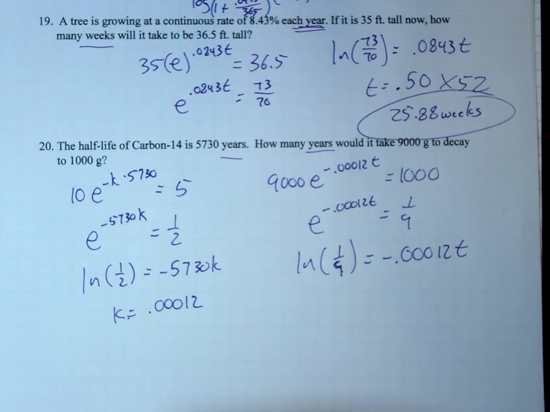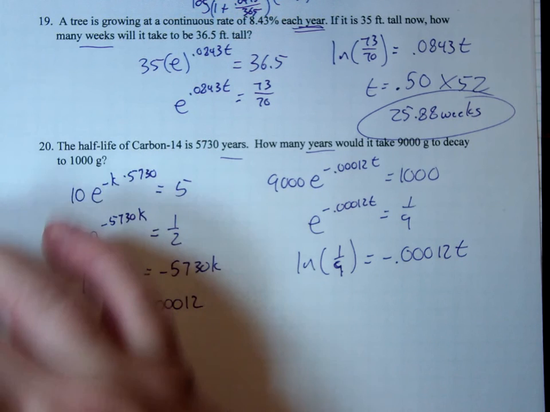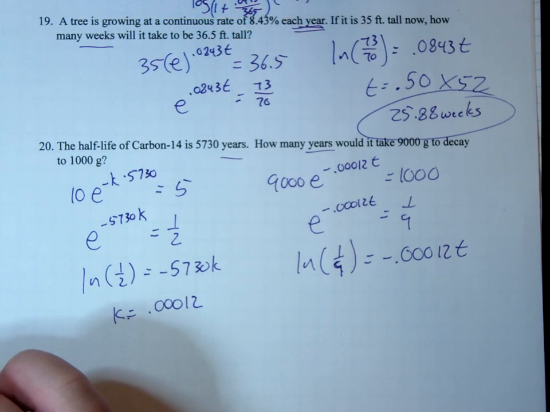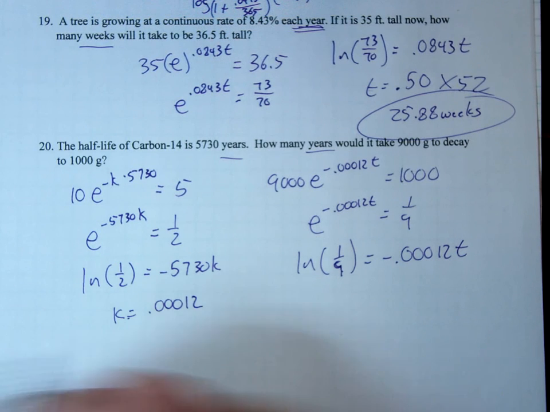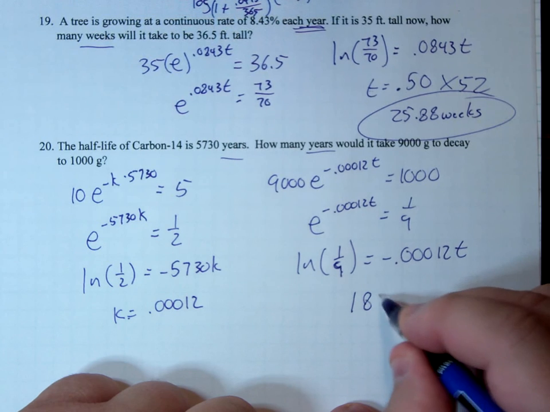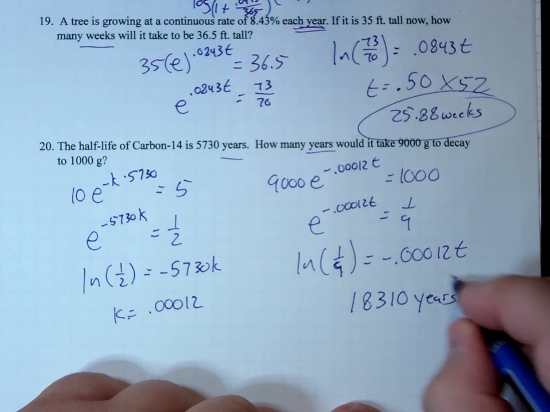So natural log 1/9, divide that by negative 0.00012. And that's 18310 years.